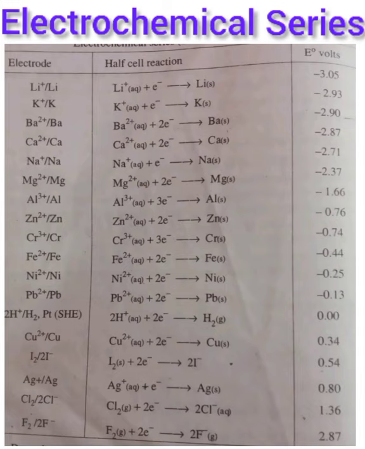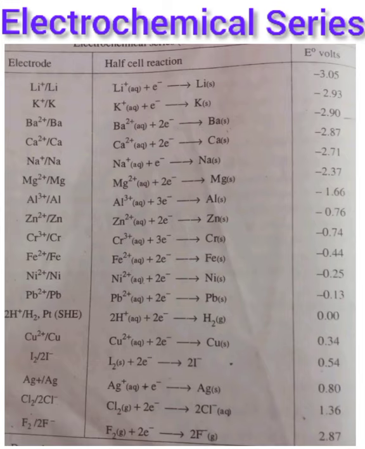While constructing a galvanic cell, a metal with a lower reduction potential, that means the metal lying above in the series, acts as anode, and the metal with higher reduction potential, that means the metal lying below in the series, acts as cathode.